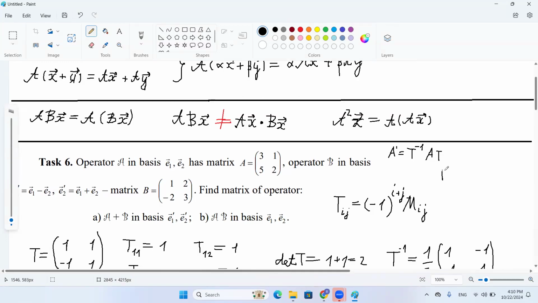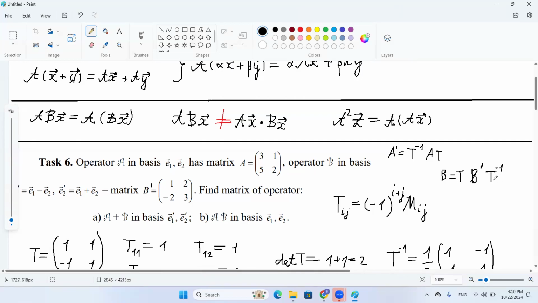But for B, okay, let's mark it as prime now. And to find B, we need to multiply B prime by the initial T matrix from the left and the inverse from the right. So to move from the prime basis to the initial basis, we need to swap transition matrices.